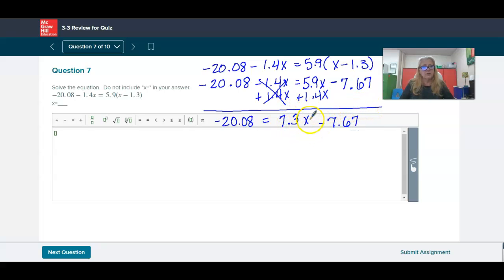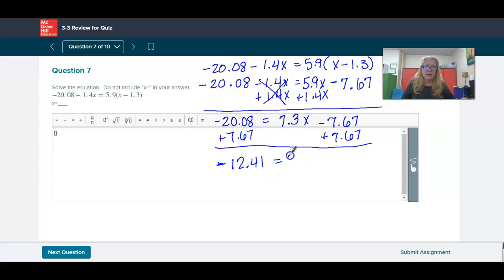Now, here's our variable term. So we want to get rid of this one. We get rid of it by adding because it's negative. So we add 7.67 to both sides. I'm going to do that on a calculator just to be on the safe side. Negative 20.08 plus 7.67 gives us negative 12.41.